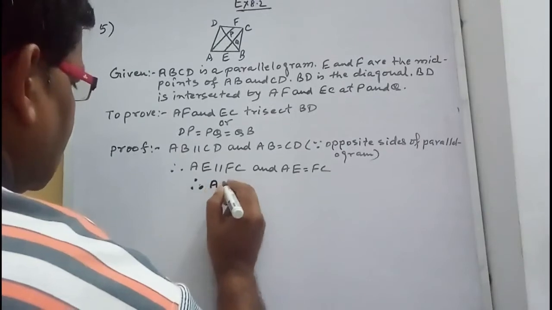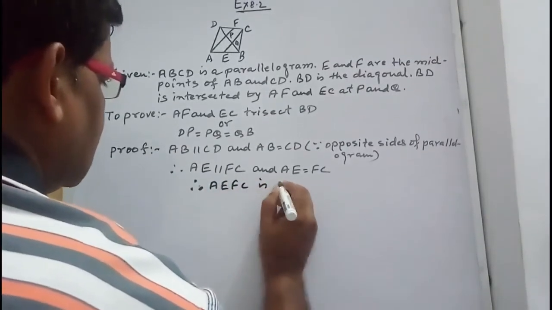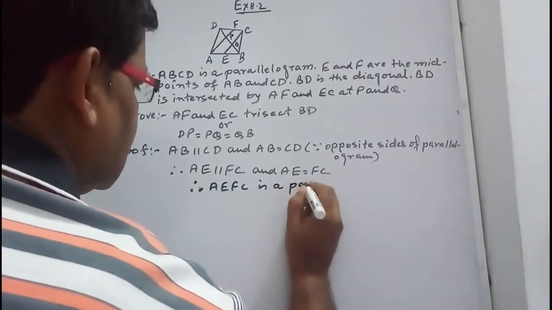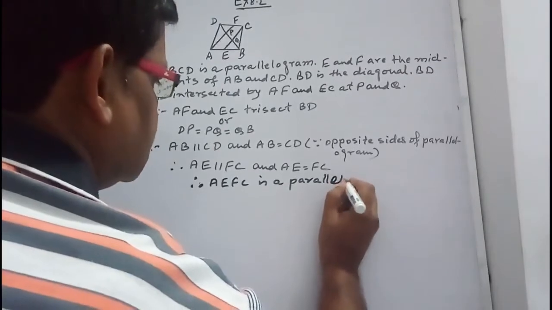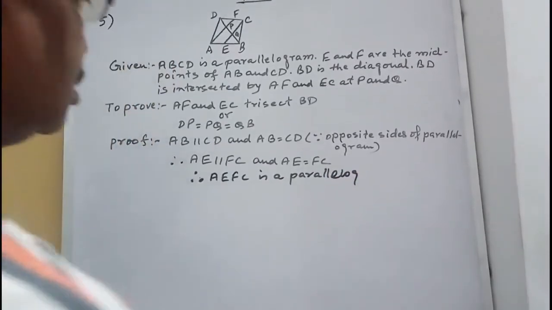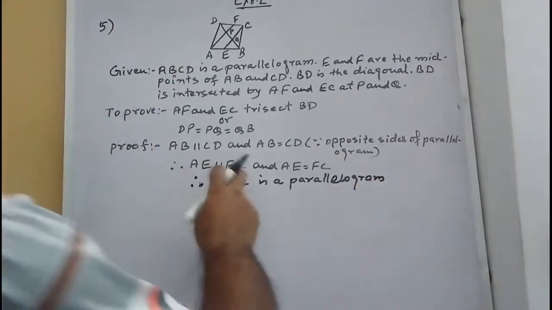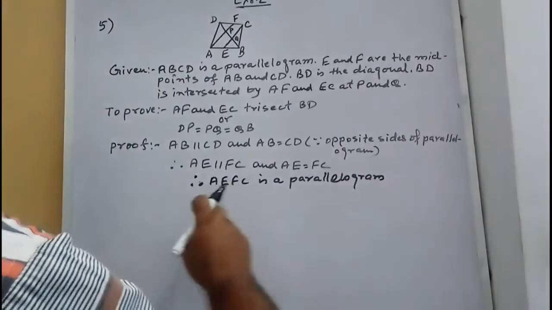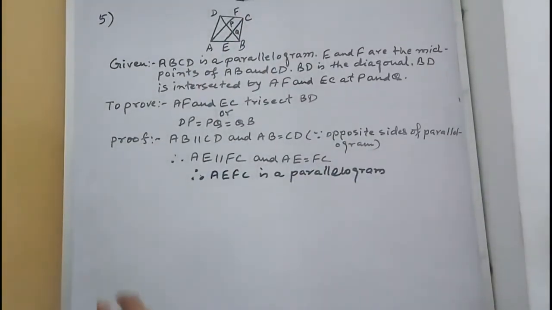Therefore AECF is a parallelogram. Opposite sides are parallel and equal, therefore this becomes a parallelogram.